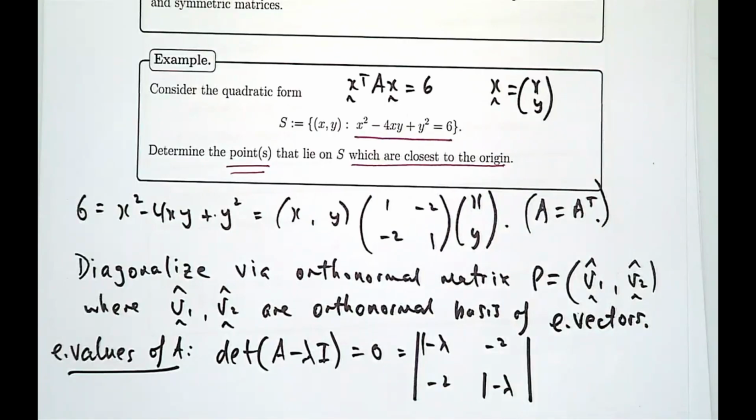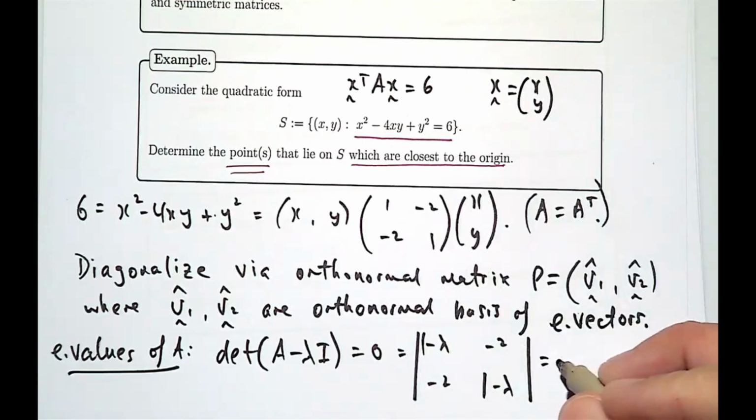Okay? So remember, with determinants, you work in a diagonal way, so this times this minus that times that, or let me do this for everyone at home. This times this minus that times that. All right?